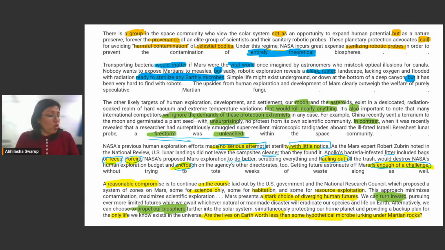Guys, did this passage make any sense to you all? Did you understand the passage? As I was going along, I was trying to explain it to you also. Now, what did we talk about? We spoke about Mars. We spoke about people who would try to stop humans from going out.